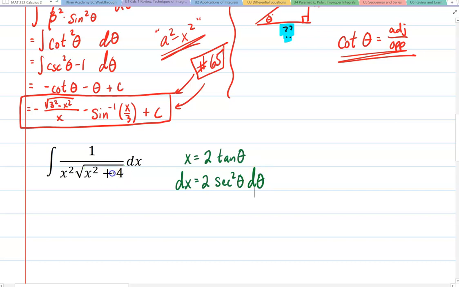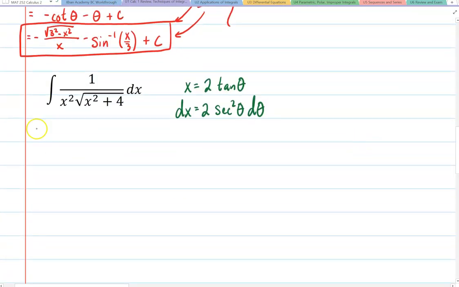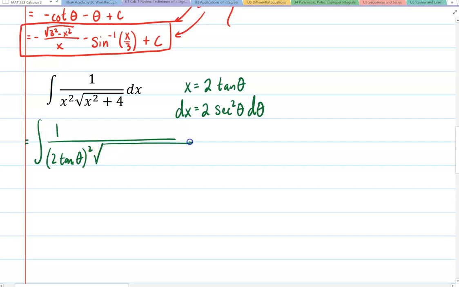And we can start these substitutions and see where this algebra leads us. So we're going to write the integral of 1 over, now x squared is going to be reported as 2 tangent theta quantity squared times the square root of, again, 2 tangent theta squared plus 2 squared dx.